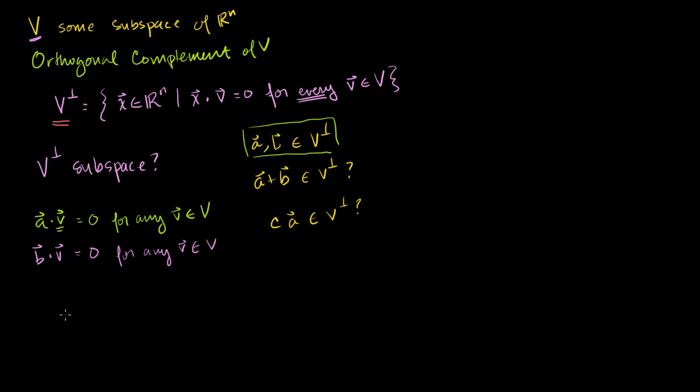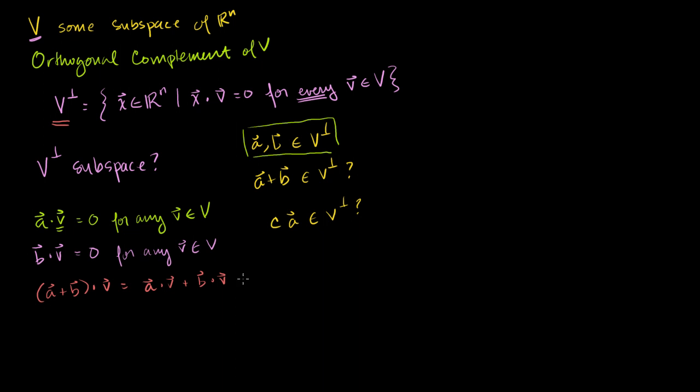So what happens if we take A plus B dot v? Let's do that. If I do A plus B dot v, what is this going to be equal to? This is going to be equal to A dot v plus B dot v. And we just said the fact that both A and B are members of our orthogonal complement means that both of these quantities are going to be equal to 0.